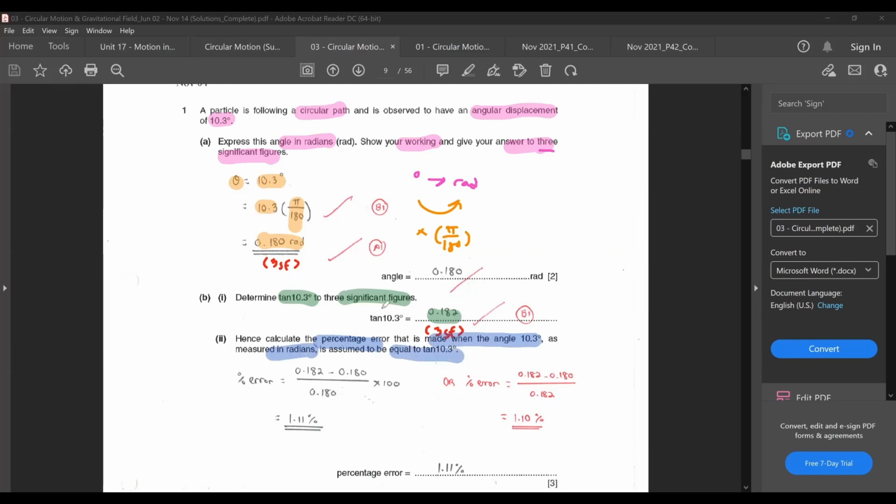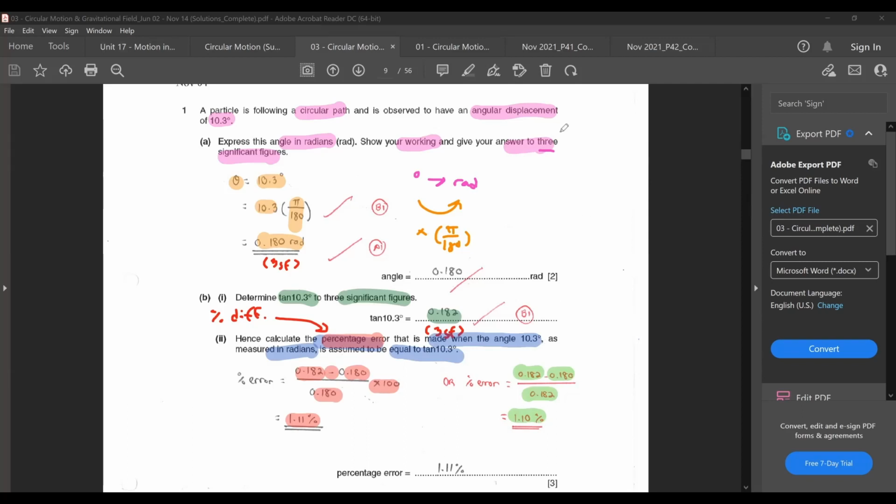When they say percentage error here, you can just think of it as asking about the percentage difference. There are two ways to do this. Either you take 0.182 minus 0.180 divided by 0.180 times 100%, giving you 1.11%, or you take 0.182 minus 0.180 divided by 0.182, giving you 1.1%.